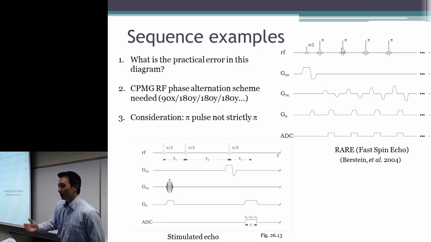When it's not an exact 180-degree pulse, there will be some signal loss during these different refocusings. So using the CPMG can reduce this kind of signal loss caused by the refocusing pulse.